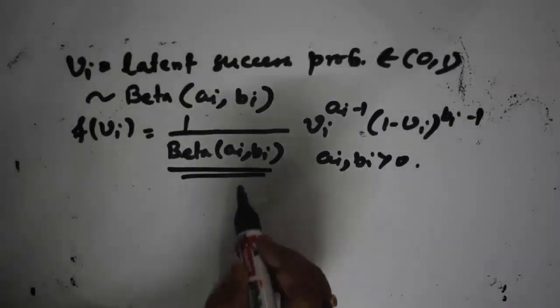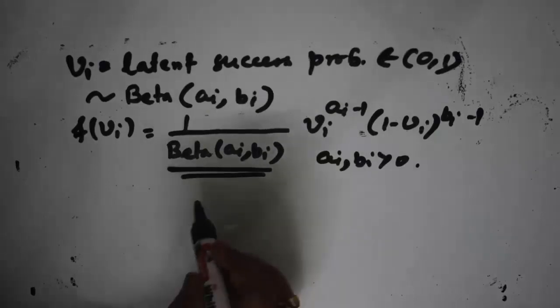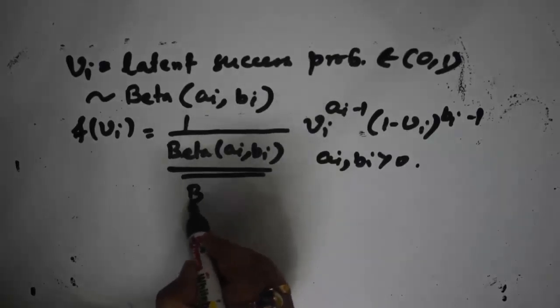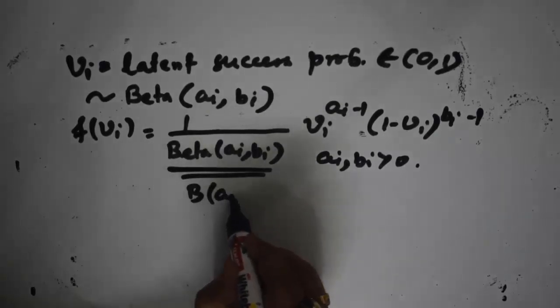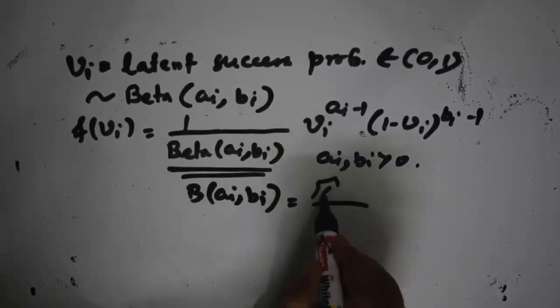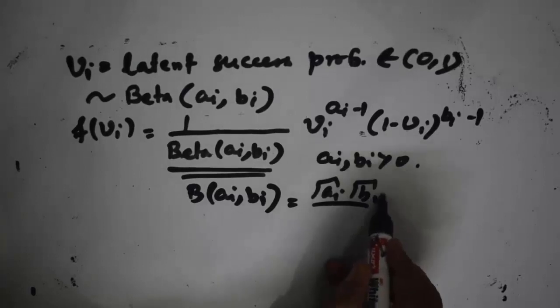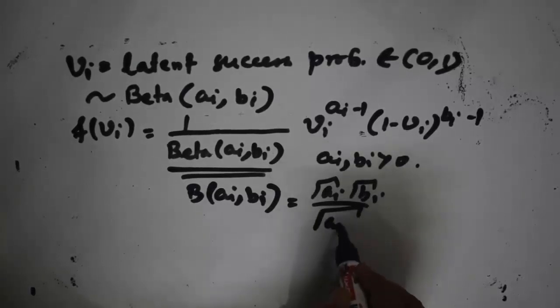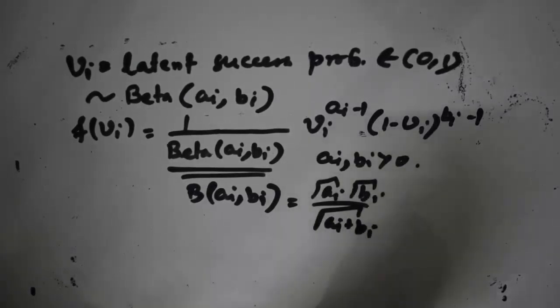Sometimes we denote beta by B, so B ai comma bi is nothing but gamma ai gamma bi divided by gamma ai plus bi.